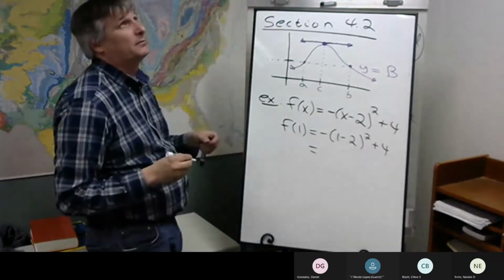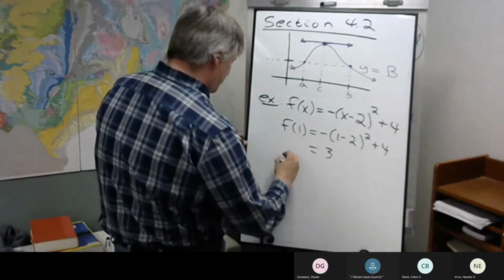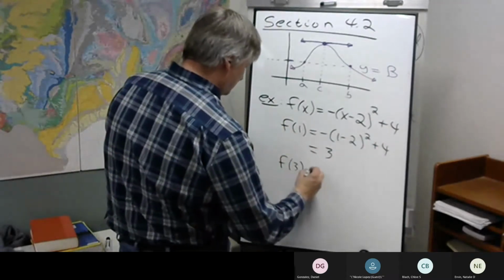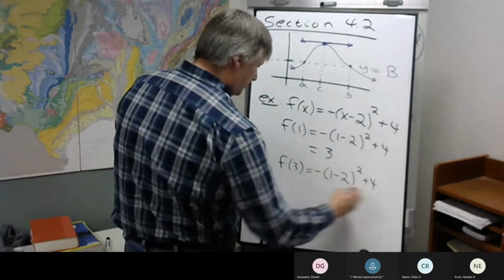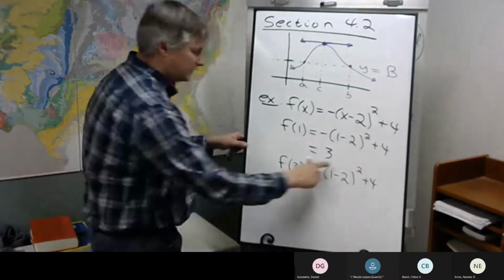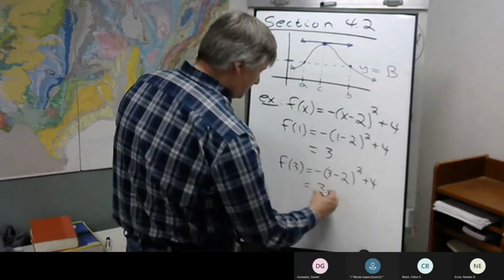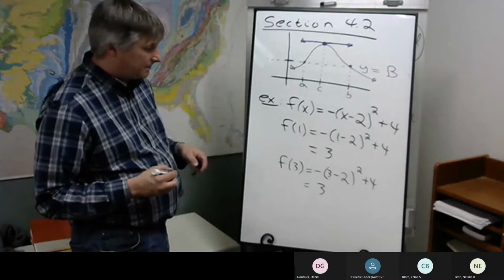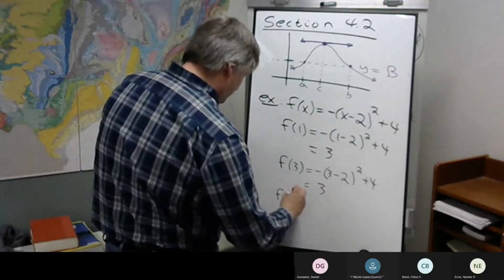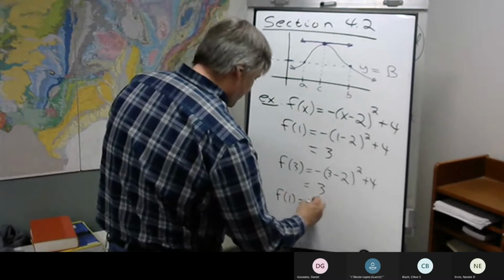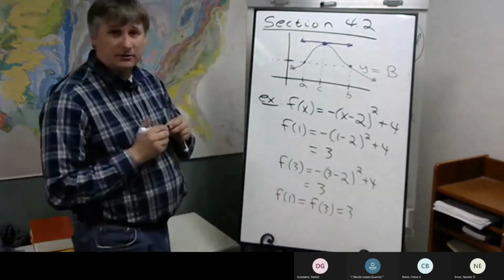Or, let me do my arithmetic, it's going to be equal to 3. And then f of 3 is minus 3 minus 2 squared plus 4. And, oh sorry, it's going to be 3. And that's also going to be equal to 3. So what we get is f of 1 equals f of 3 is equal to 3.